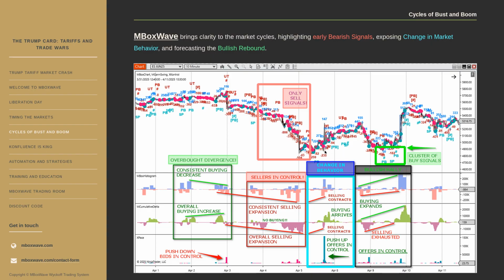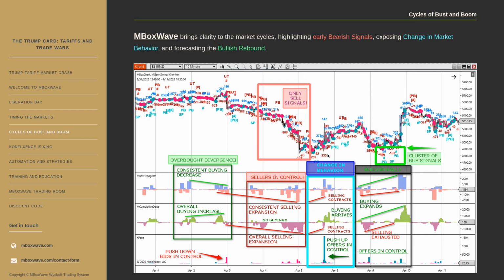This doesn't go lower than this price here. And so now I'm going to begin to look for an entry on the 1 minute chart, and here on the 10 minute, we begin to see a cluster of buy signals, and the offers are in control.